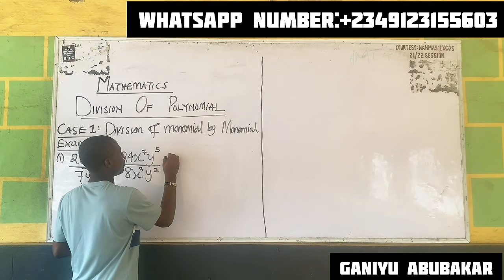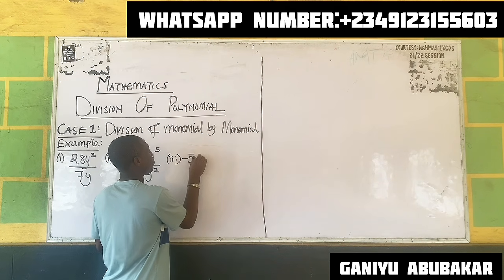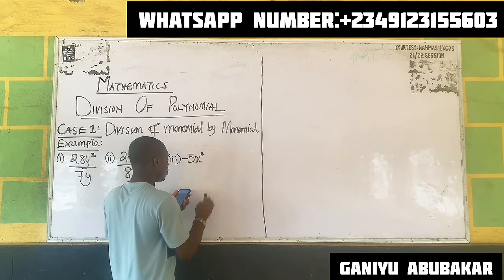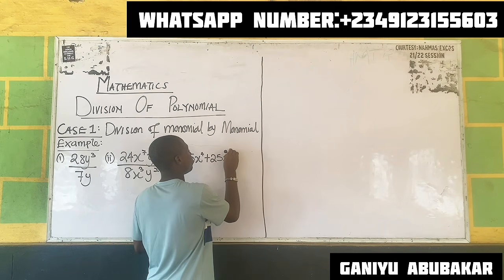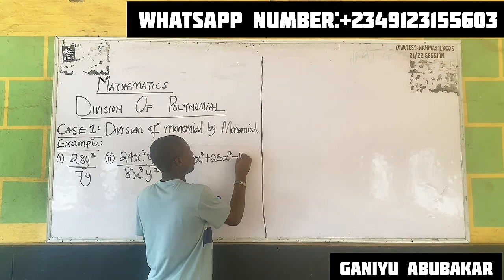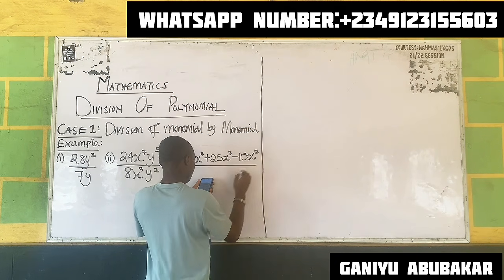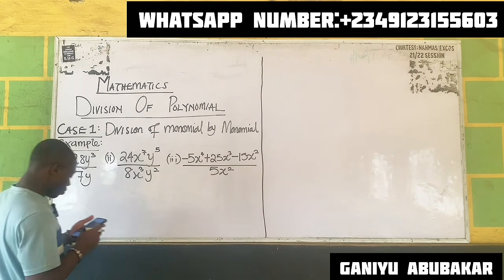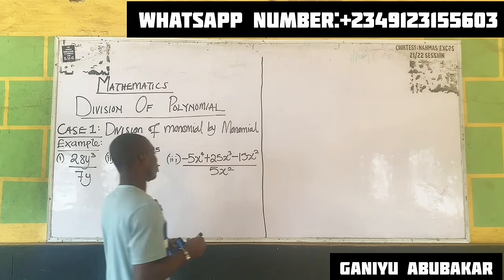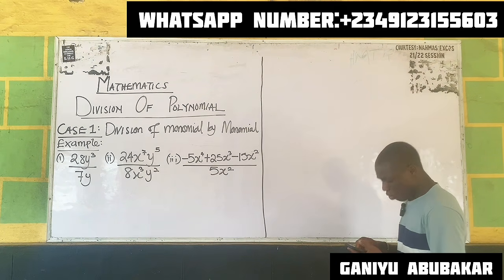Number 3: negative 5x to the power of 4 plus 25x cubed minus 15x squared, all over 5x squared. All right, so let's solve this problem one after the other.